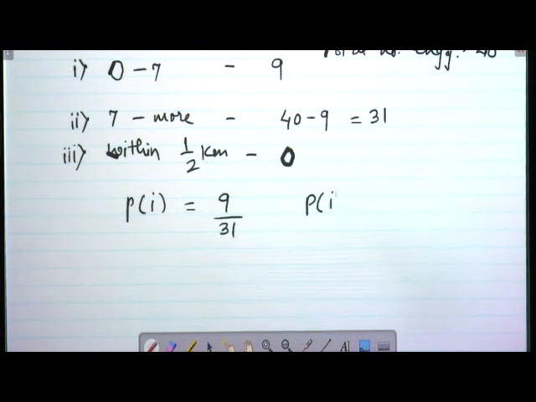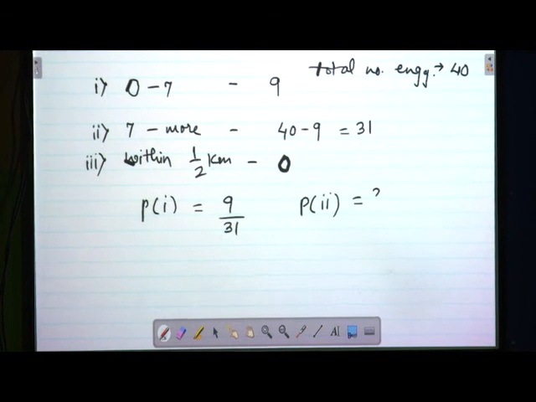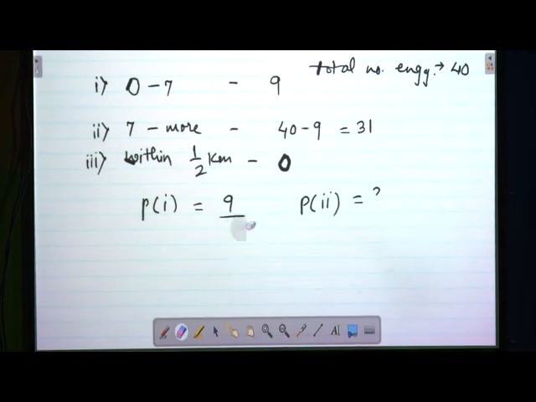Sorry, I made a mistake here, it is 9 upon 40. And here it is 31 upon 40.